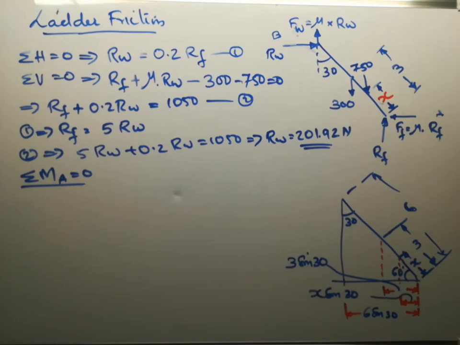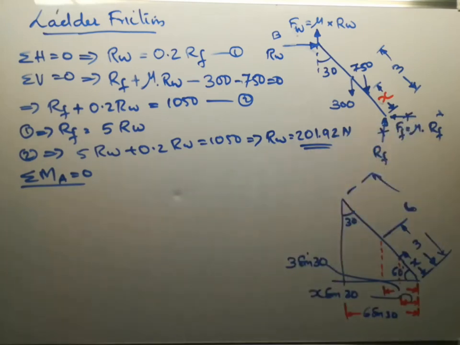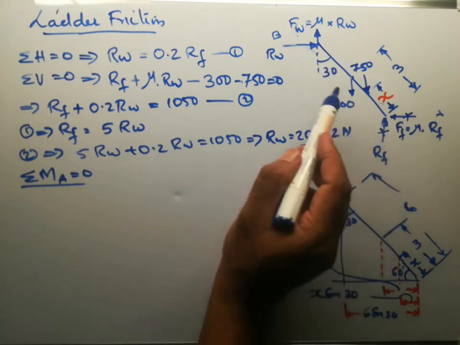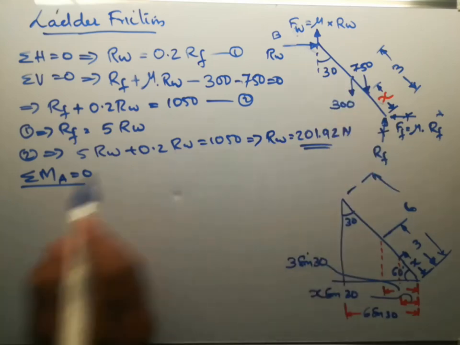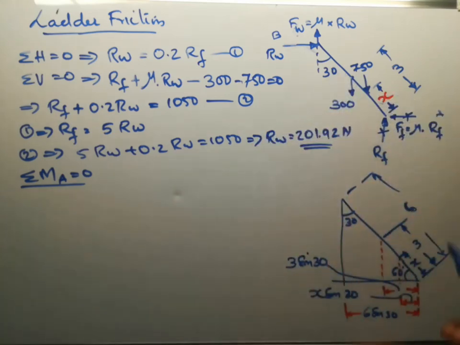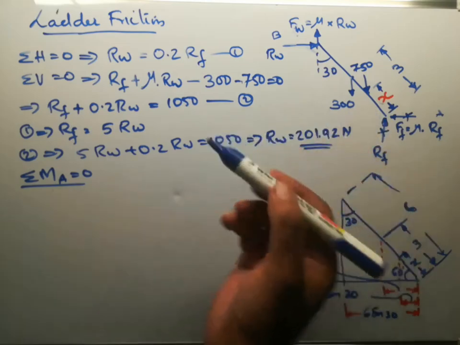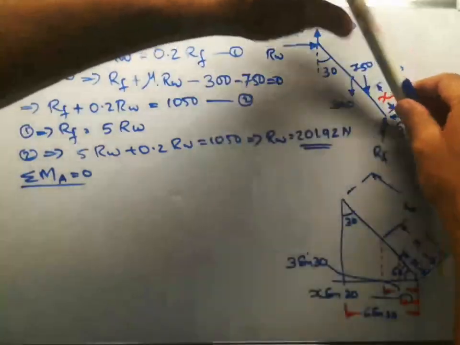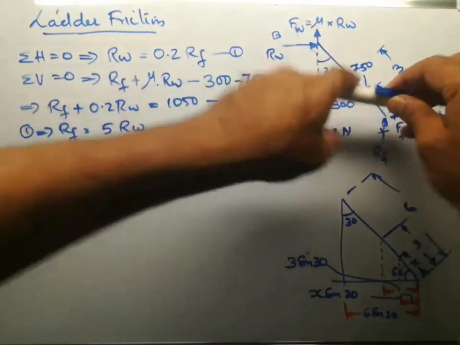Okay, now we will find out the moments. So this will not create any moment and this will not create any moment. So the first force which is creating moment about point A is 750. The 750 Newton force is creating a moment in the anti-clockwise direction.